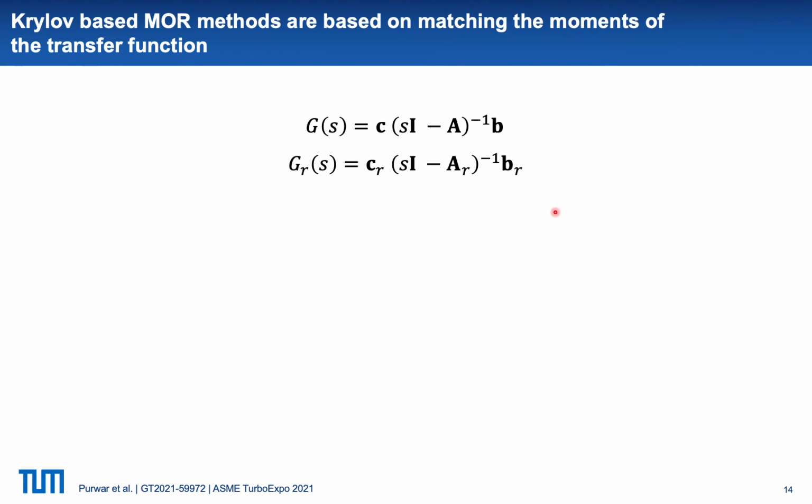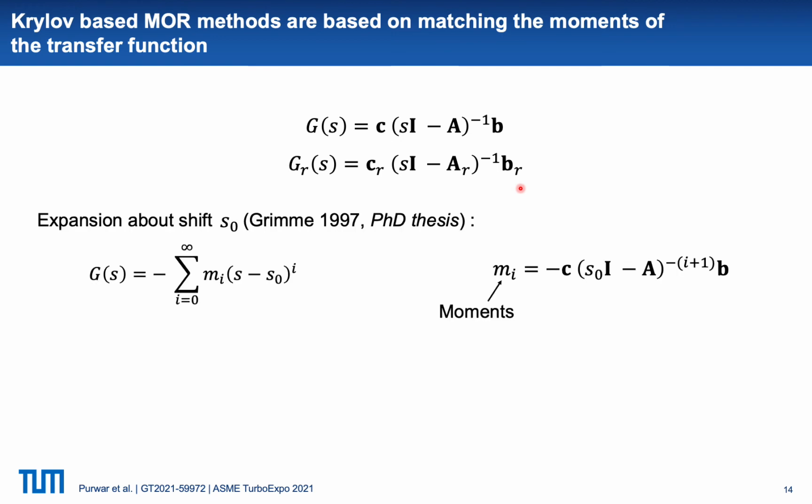For the third method, we need to first talk about Krylov subspace methods. The transfer functions of the full system and the reduced system can be written in this form. We can also expand this transfer function about shift S0 and express it in terms of moments.